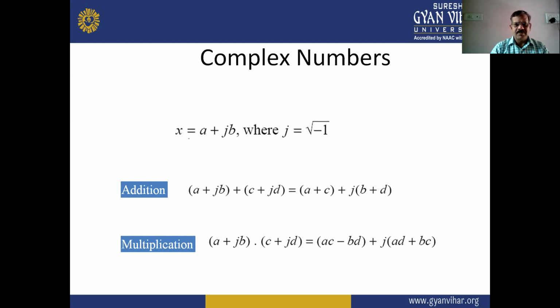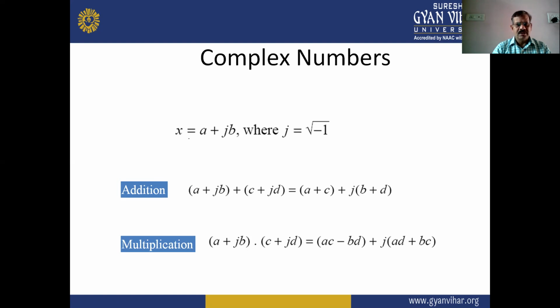There are two parts: the first part is the real part and the second part is the imaginary part. So a plus c here is the real part, and b plus d is the imaginary part of the complex number.